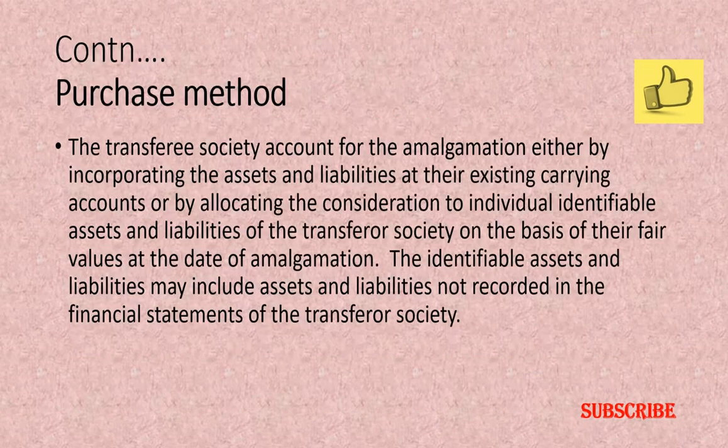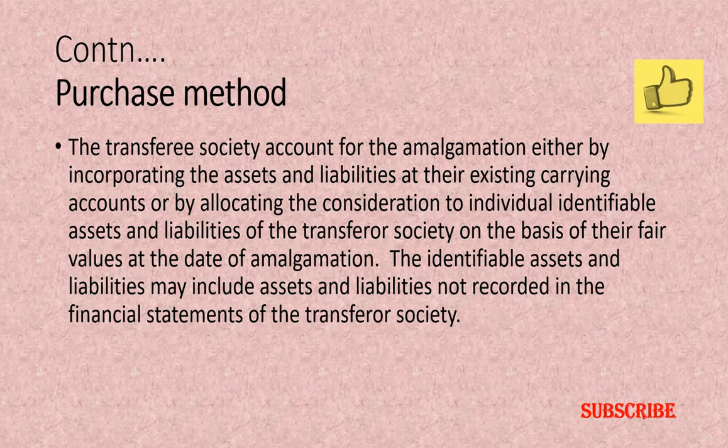In the purchase method, the transferee society accounts for the amalgamation either by incorporating the assets and liabilities at their existing carrying amounts, or by allocating the consideration to individual identifiable assets and liabilities of the transferor society on the basis of their fair values at the date of amalgamation.